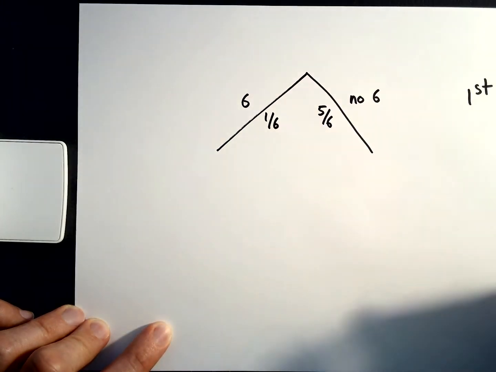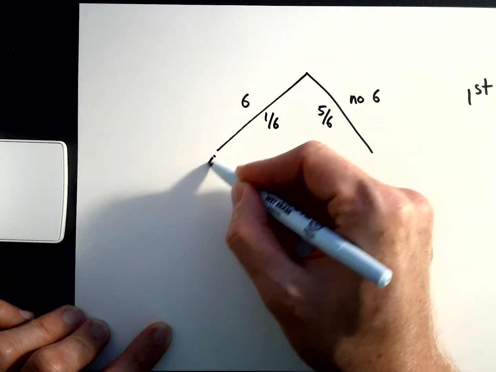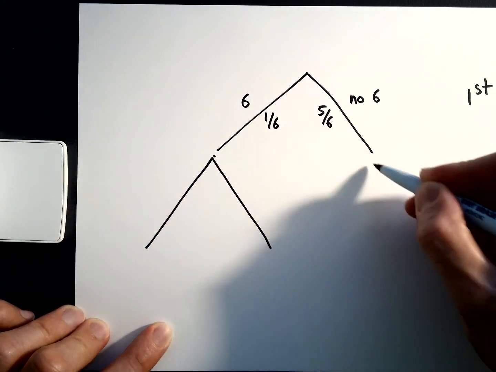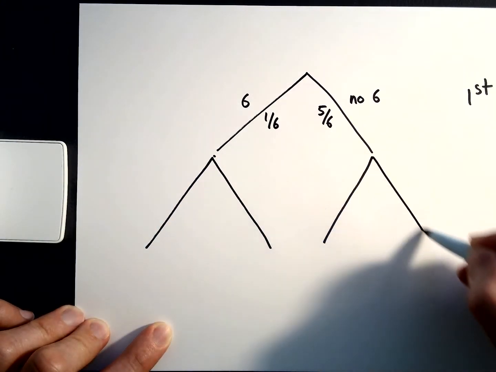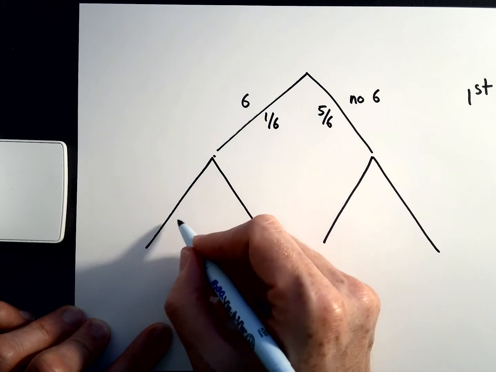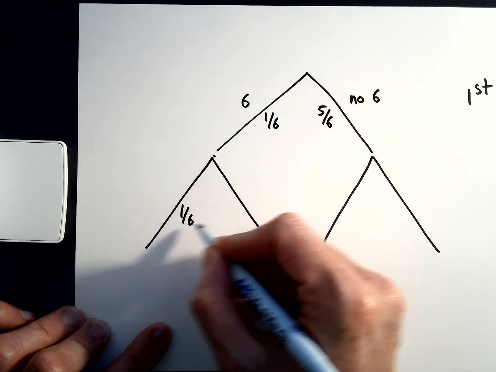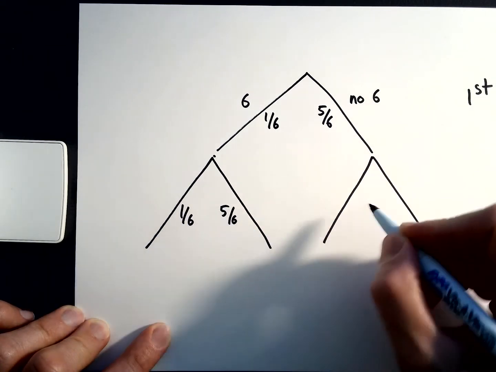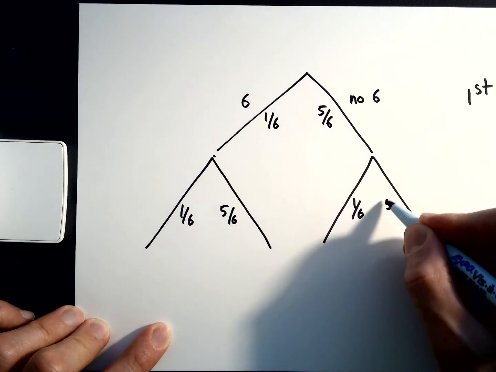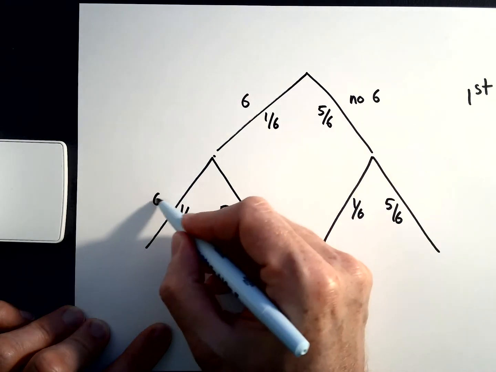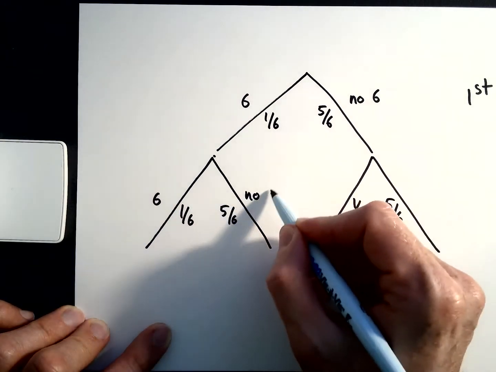The same is true for the second roll. And again, we have the probability of 1 over 6 and 5 over 6 for rolling a 6 and no 6.